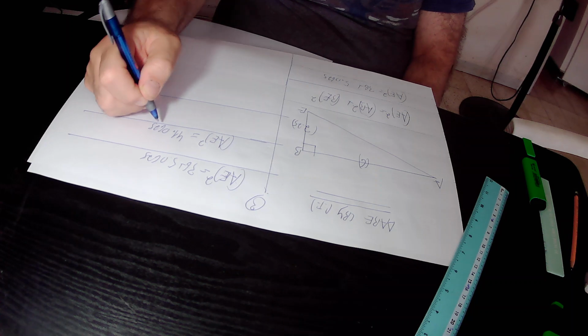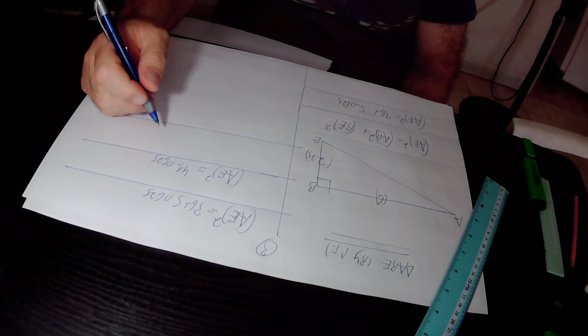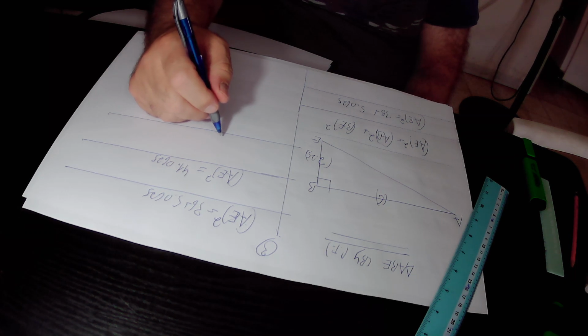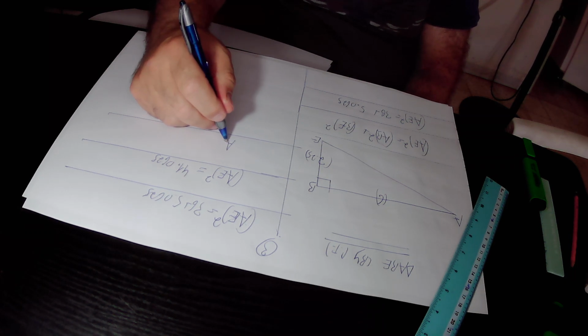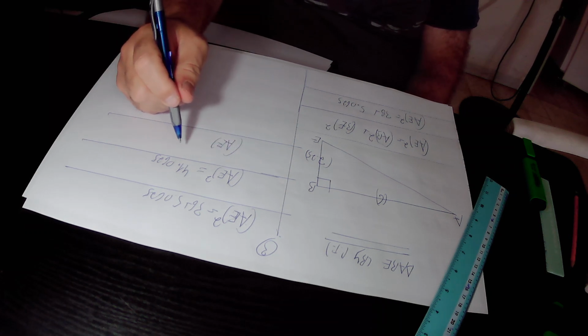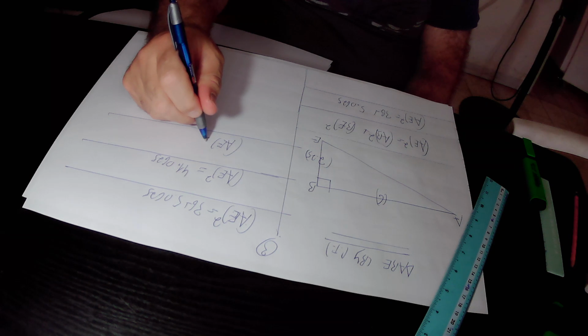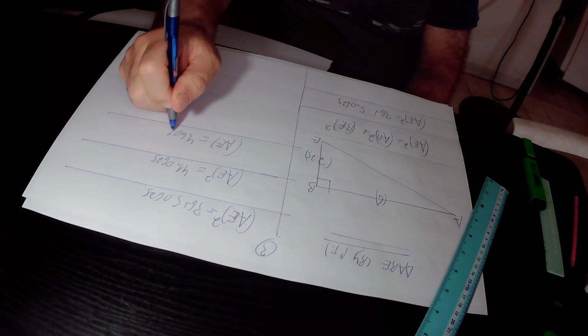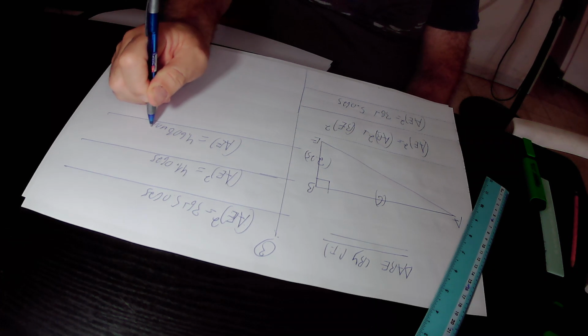41.0625. Here we take a root out of this equation and find that the missing line segment, the missing hypotenuse AE, equals the square root of 41.0625. That is actually equal to 4.608 units in its length.